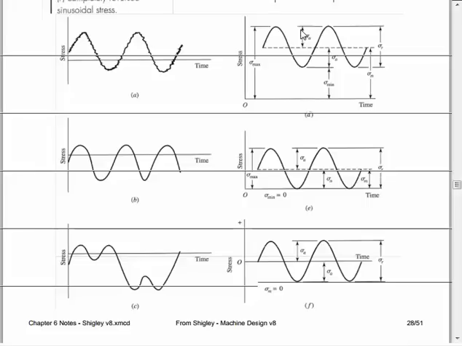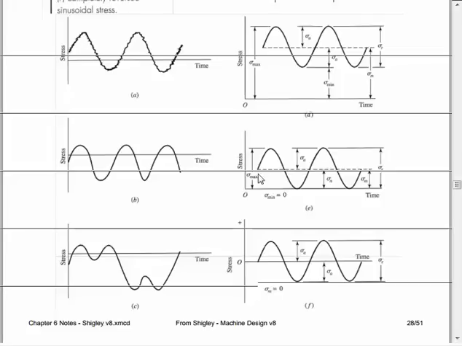So if we have an amplitude of something and a mean of zero, what kind of stress loading do we have? Amplitude of something, mean value of zero right here would be the fully reversed loading. If we have an amplitude that is equal to the mean, the amplitude is half the load, the mean is half of the peak-to-peak load, then that would be the repeated loading.